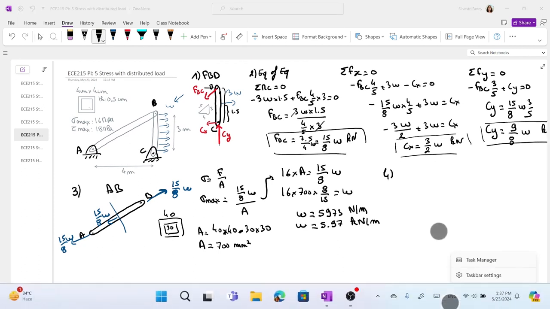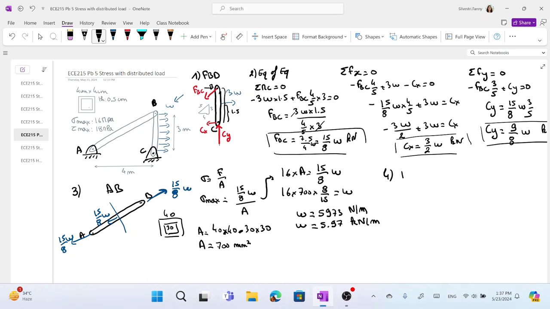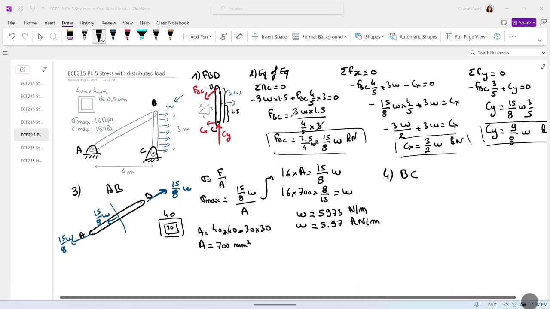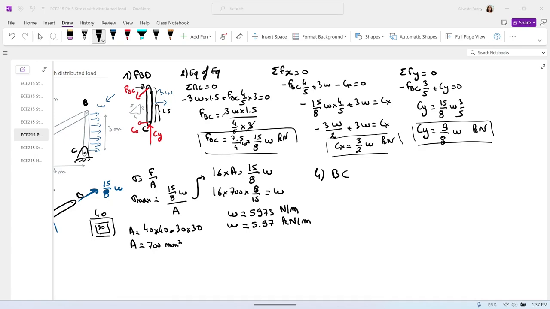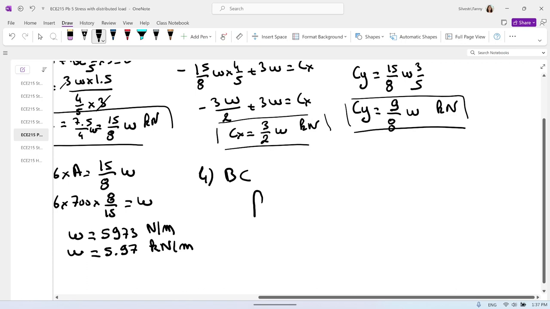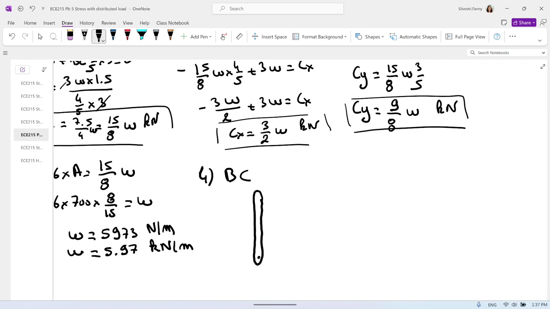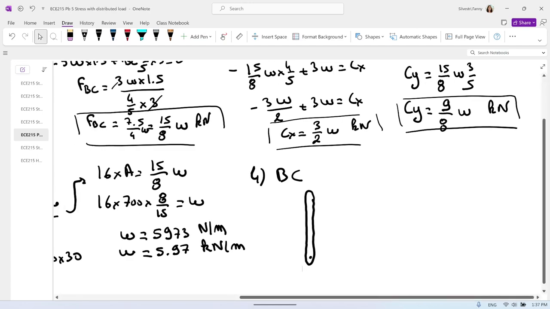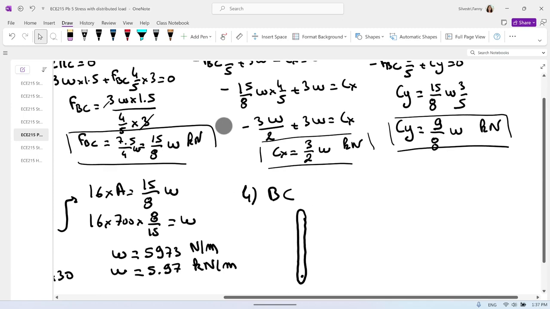Now we did the member AB. Now step number 4, we need to do the member BC. So free body diagram of BC, like this. Cx, now we know Cx. We know FBC on the top, that is down.